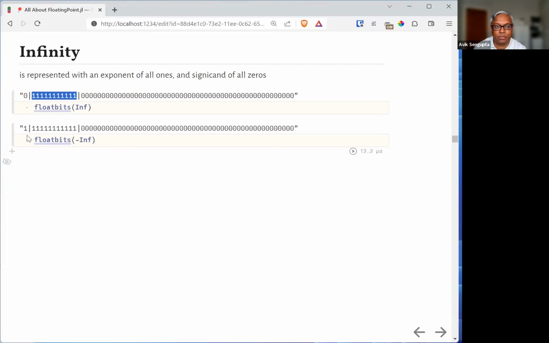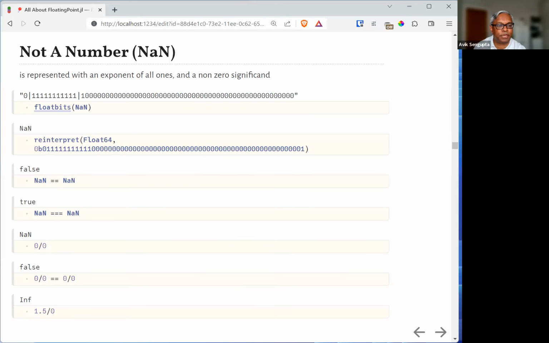And again, like a 0, if you switch the sign bit, then with a sign bit of 1, it's a minus infinity. So infinity can be represented on both sides: you can have negative infinity and positive infinity, both are representable within floating point numbers. Okay.